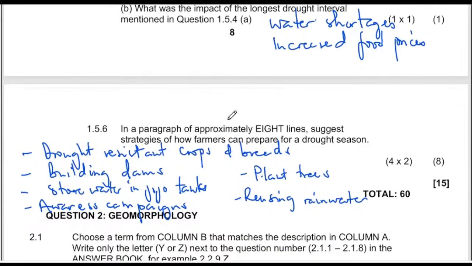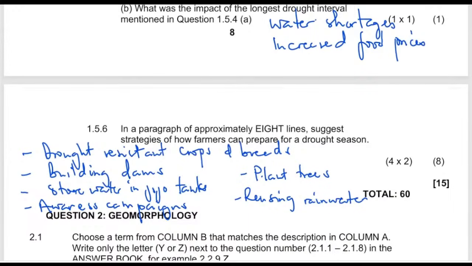But there are also many other things that we can mention, which are in line with how farmers can effectively deal with the situation of a drought, so that they can try to resustain in the difficult situation.